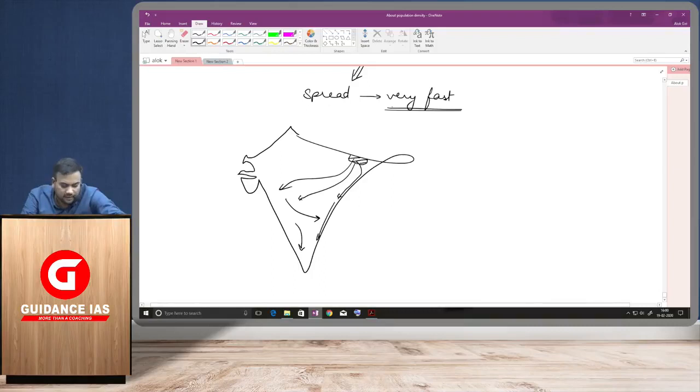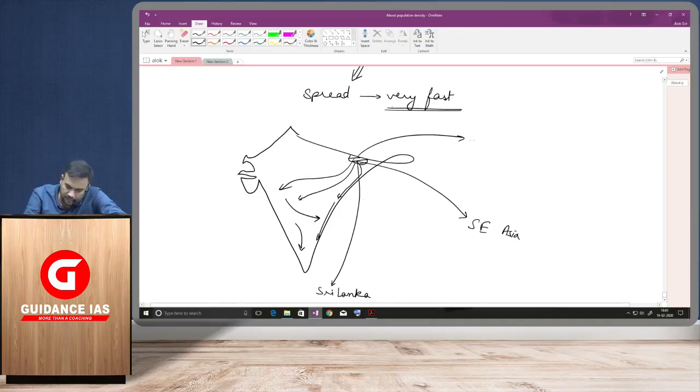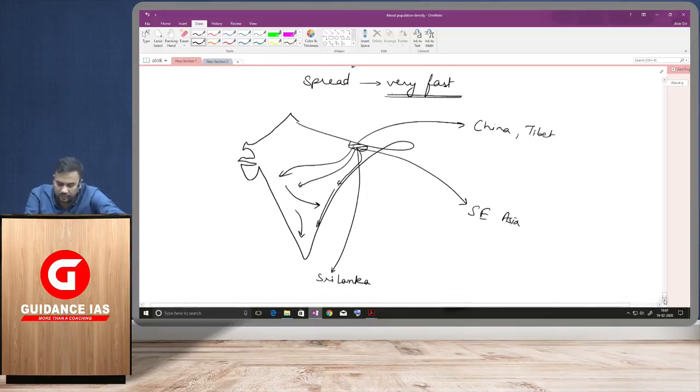Not only in India, it also spread to Southeast Asia, places like Sri Lanka, and even towards China and Tibet. Several places it ultimately spread to. Same process, the missionary diffusion followed by the hierarchical diffusion. And as a result, the spread was very, very fast.